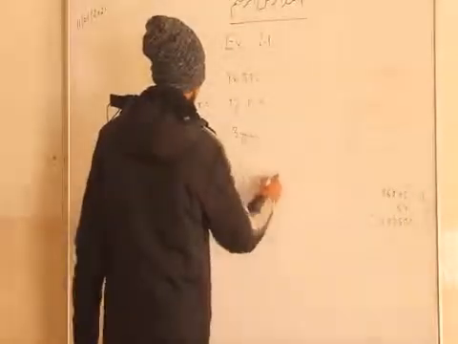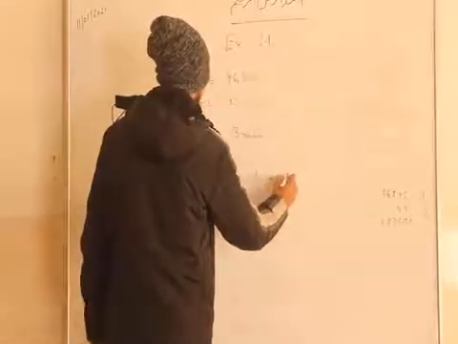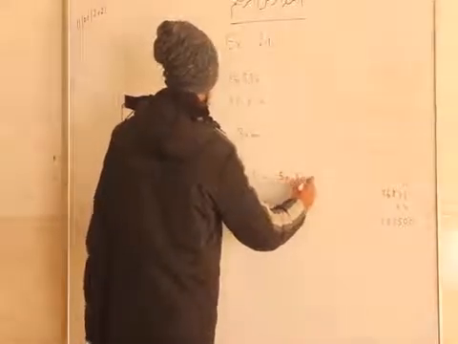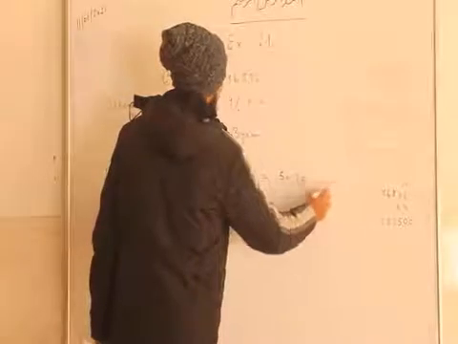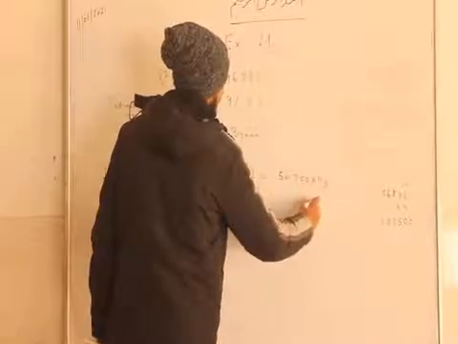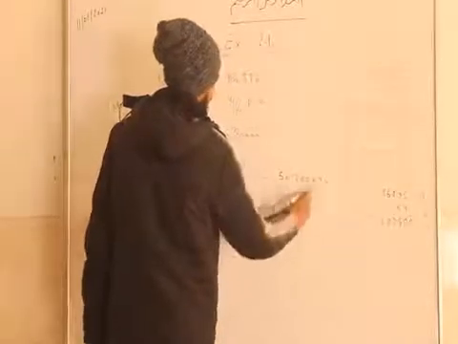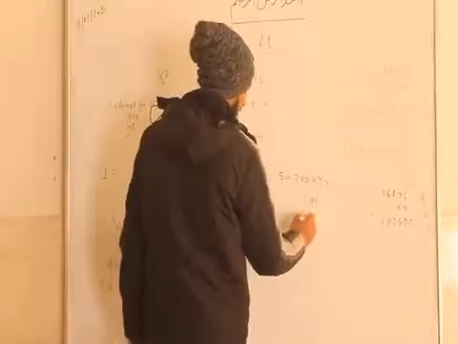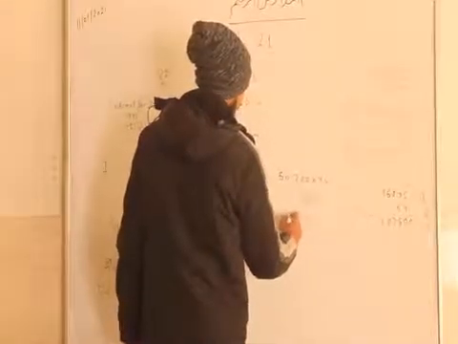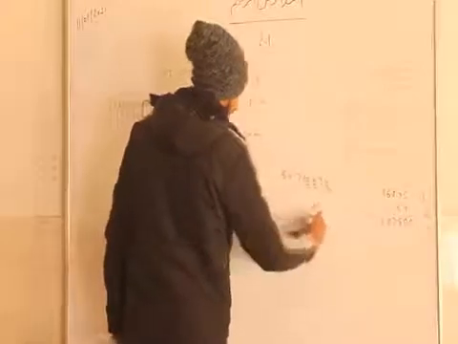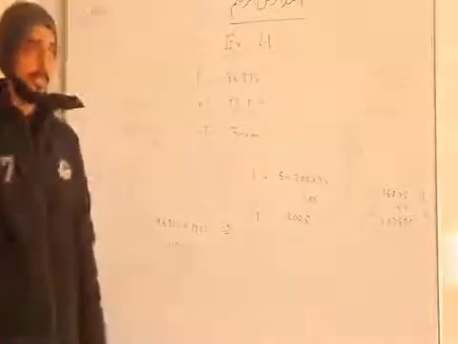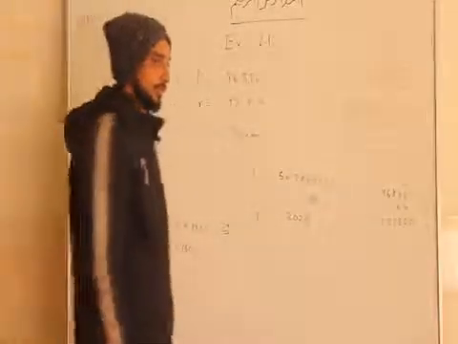Interest will be P into R into T by 100. This is the principal, 50,700. The rate will be the same and the time is 1. And this is 20, the 20 will cancel out, multiply directly. 7 fours are 28 and 4 fives are 20. So this is the interest, 2028, for the third year.